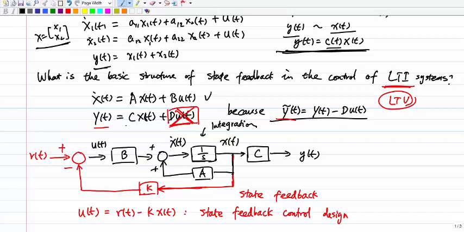My y is C times xt, given here. And my u is given by the feedback. This is where the feedback is coming from. The black area over here is the standard when we do the analysis. This is a linear time invariant system we typically have, right?